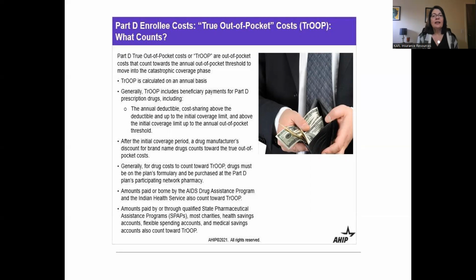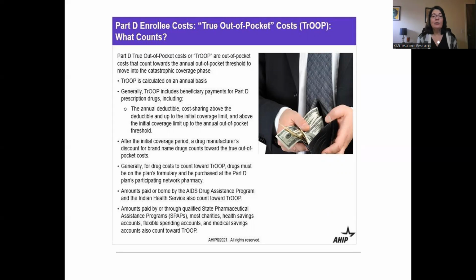It includes the deductible, cost sharing above the deductible up to the initial coverage limit, and above the initial coverage limit up to the annual out-of-pocket threshold. And then remember that there's that 70% discount that drug manufacturers pay for brand name drugs after the initial coverage phase, and that will count towards the true out-of-pocket costs.